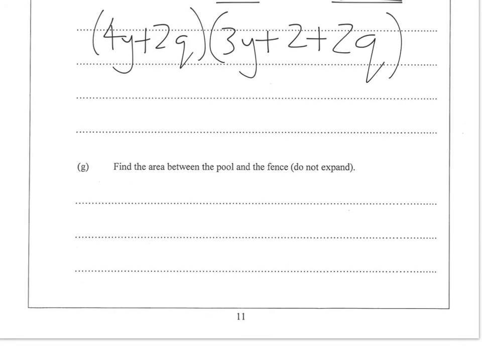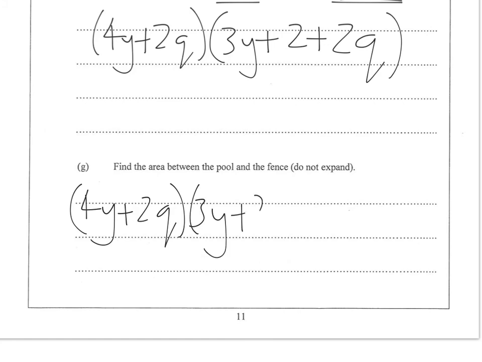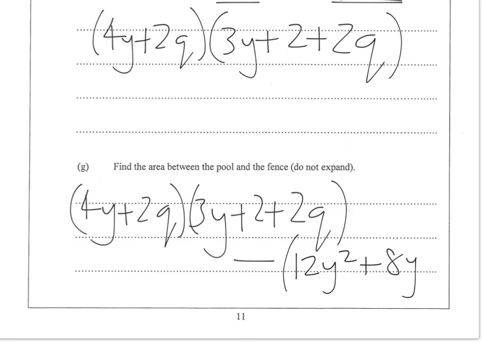So, well, we have the fence, and we are going to subtract the area of the pool, which was 12y squared plus 8y from the previous answer in part B, I think it was. Okay, and you don't have to expand it, so that's it.